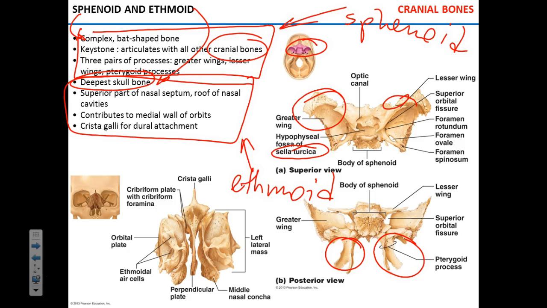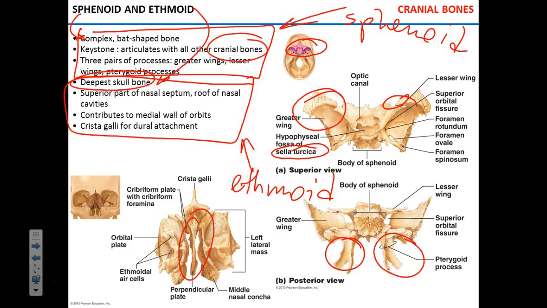You can see several structures that are notable here. The perpendicular plate of the ethmoid bone, you can kind of see it here. It forms the nasal septum. Okay?